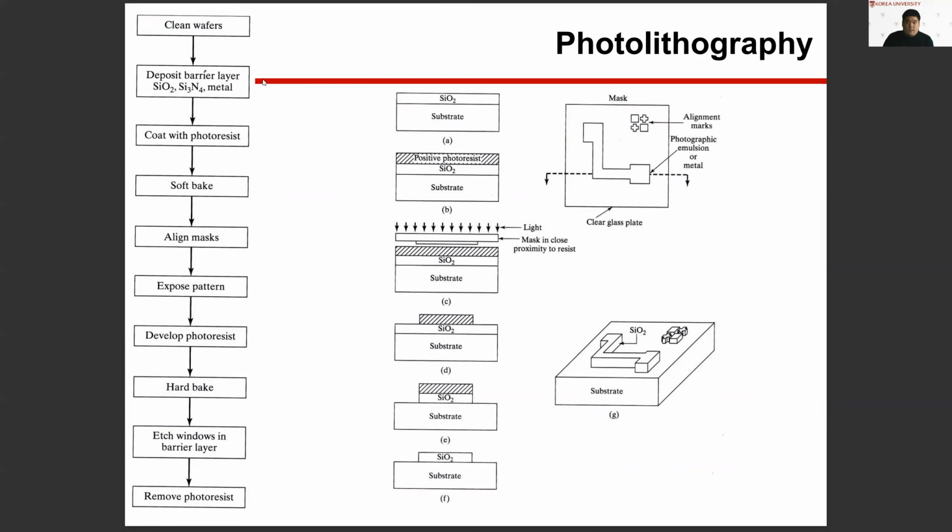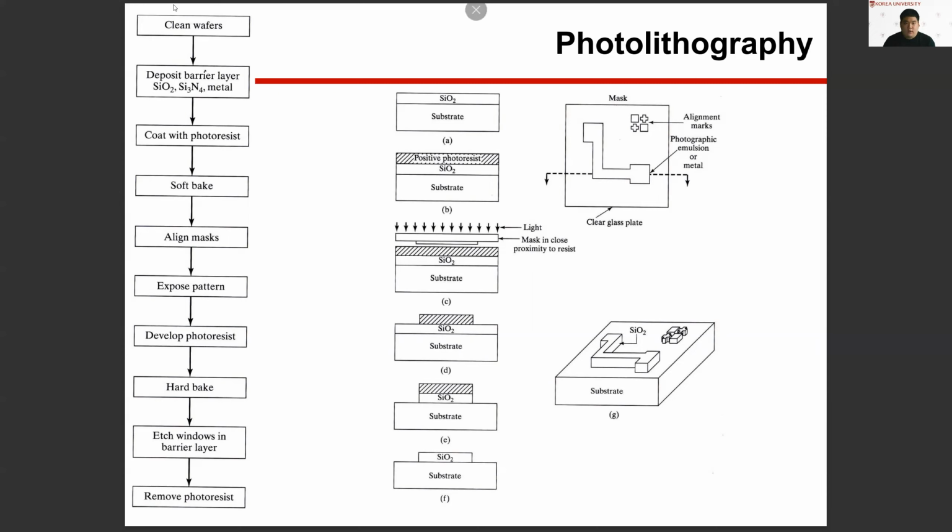The processes of photolithography vary widely for the actual products, but we always start with the wafer cleaning process.